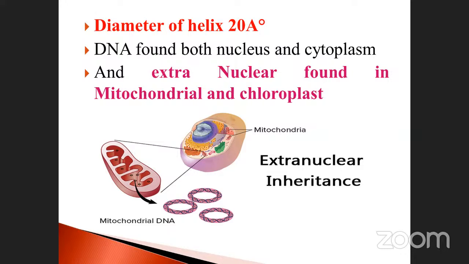Extranuclear means extra from the nucleus. Other than the nucleus, additional DNA molecules are also present outside the nucleus in the cytoplasm of the cell, particularly in mitochondria. The mitochondria has an extra chromosomal body, called mitochondrial DNA.